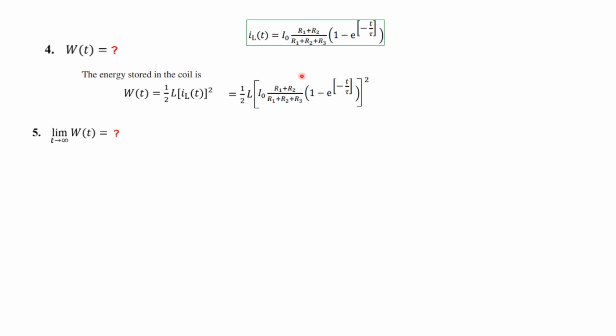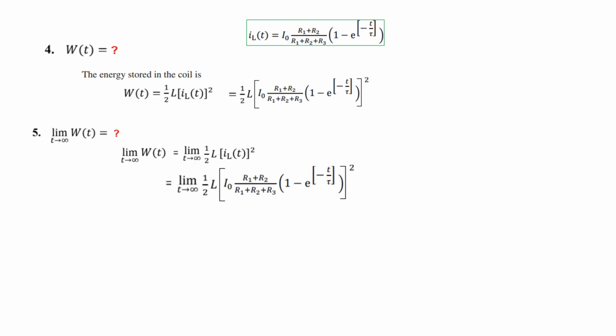So in this, actually what we need to do is put t equal to infinity. So limit t tends to infinity of this. We just wrote this one, and simplifying, we're putting infinity here in place of t.